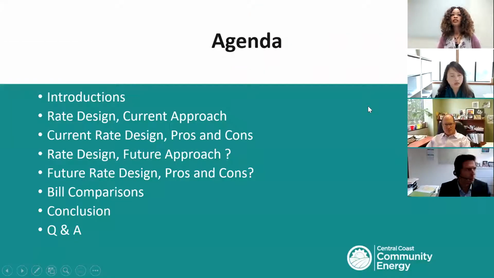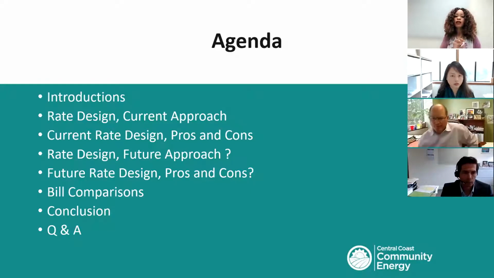So our agenda today: we're going to be together for about 45 minutes to an hour. I'm going to give a brief introduction of who's on the call with us and participating in our presentation. Then we'll go over a little bit about our past rate design process, to give you an understanding of the pros and cons of that existing process that led to the development of this new design process and what that is going to look like.